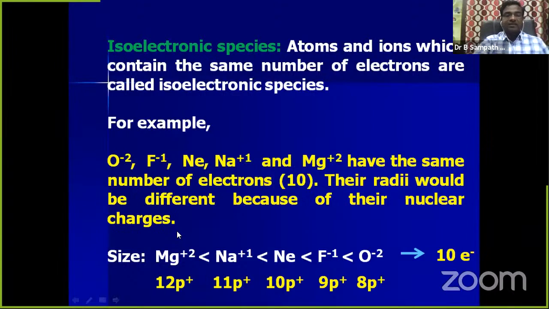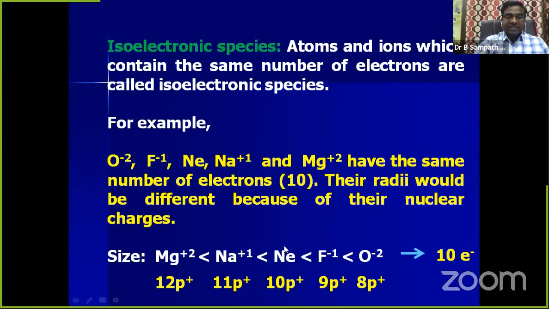Now let us see why the radius is different for these particles. The size of the magnesium ion is very, very less compared to the sodium ion, which is less compared to the neutral atom neon, which is also less in size compared to the fluoride ion, which is also less in size compared to the oxide ion.